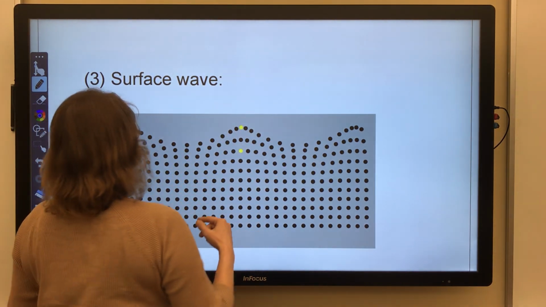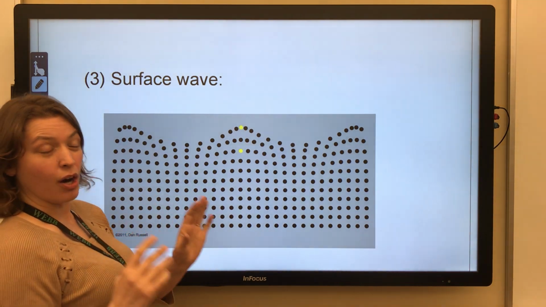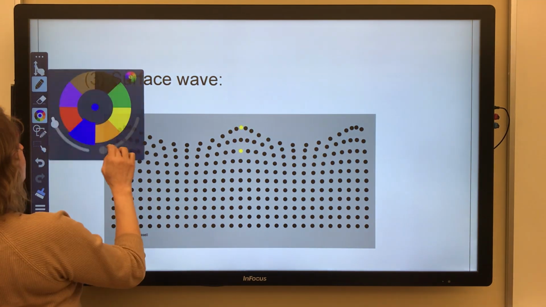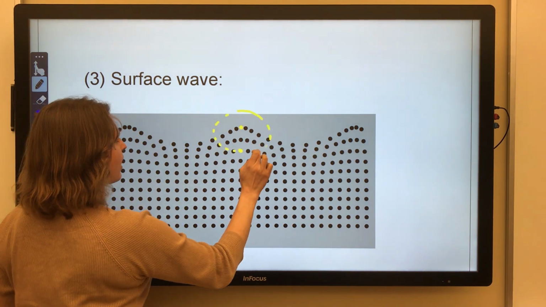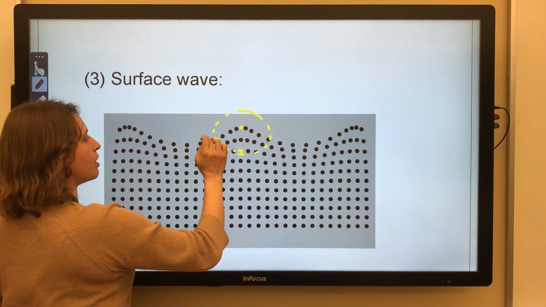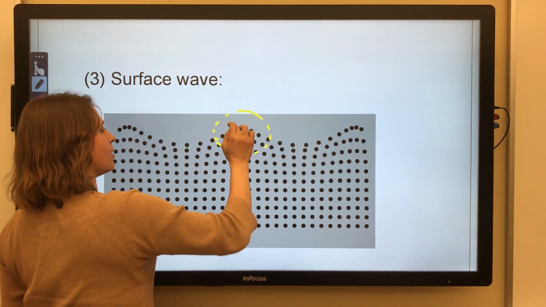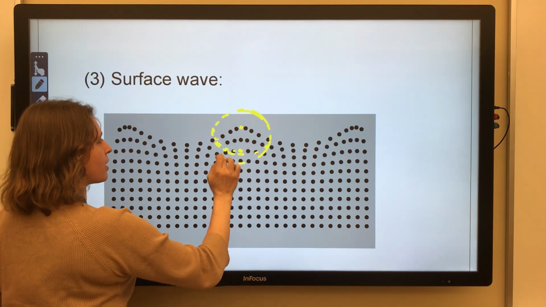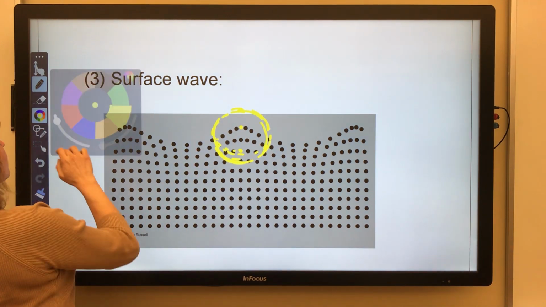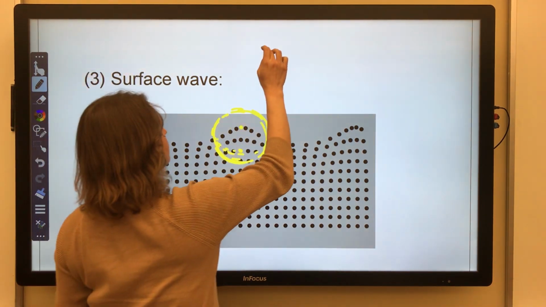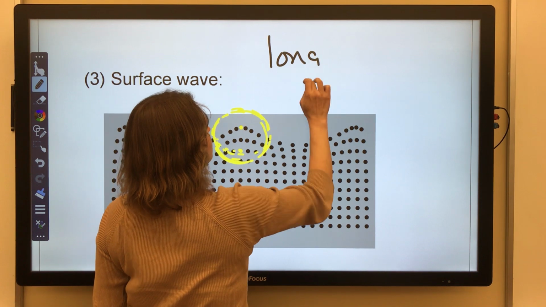When you have a surface wave, and this is really what ocean waves look like, a particle will tend to oscillate, moving forward and backward and up and down at the same time. They'll move in a rolling sort of motion in a cycle. But a surface wave itself is like longitudinal.